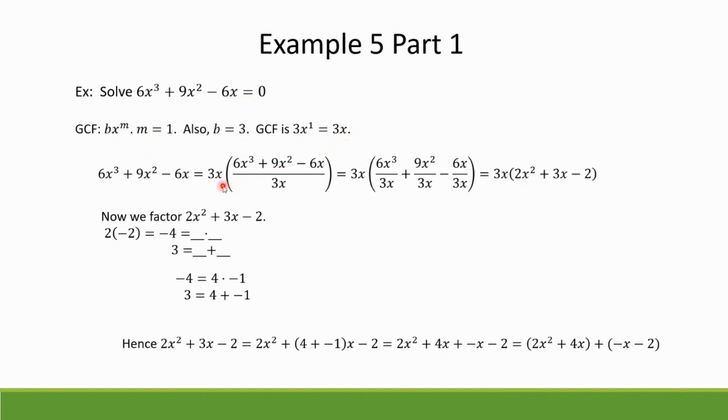So we can factor it out. Remember, when you factor it out, you put it in front, but you have to divide to see what's left over. And when you divide into a sum or difference, you divide into each term, like here. So we get 3x, and from here, we have 6 over 3 is 2, right? x cubed over x is x squared. 9x squared over 3x is 3x, as we know. 6x over 3x is just 2.